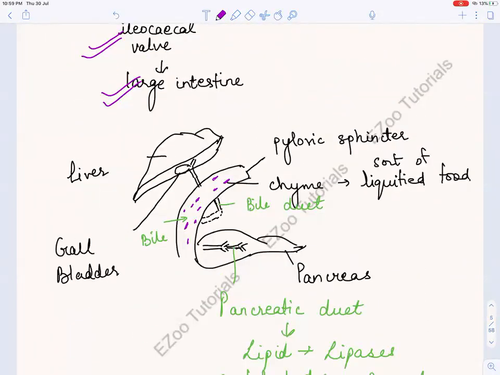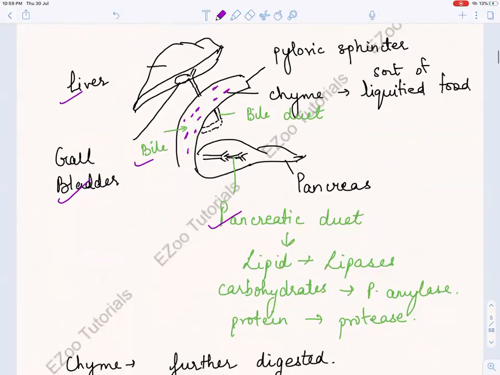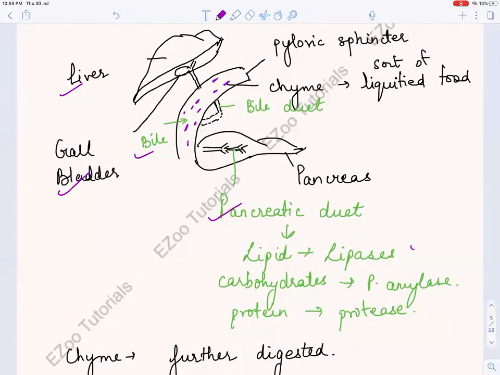Liver, gallbladder, and bile will take a whole lecture, and I'll do the pancreas in one session too, which will be one of the very important sessions.